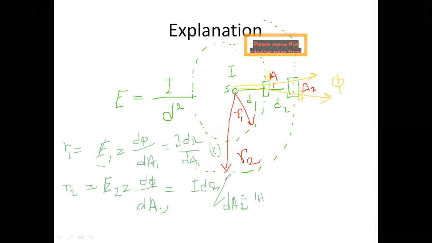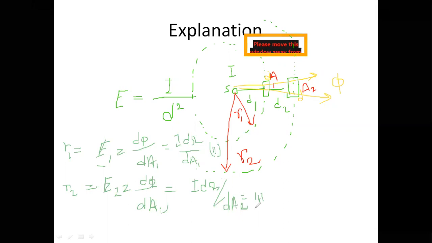Now from equation 1 we get dA2. What is dA2? It is R2 square by R1 square into dA1. As in the previous equation 1 we have written d omega equals dA1 by R1 square equals dA2 by R2 square.